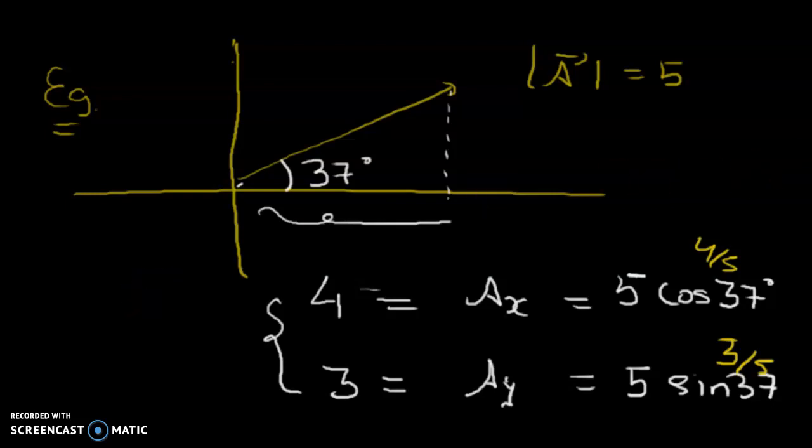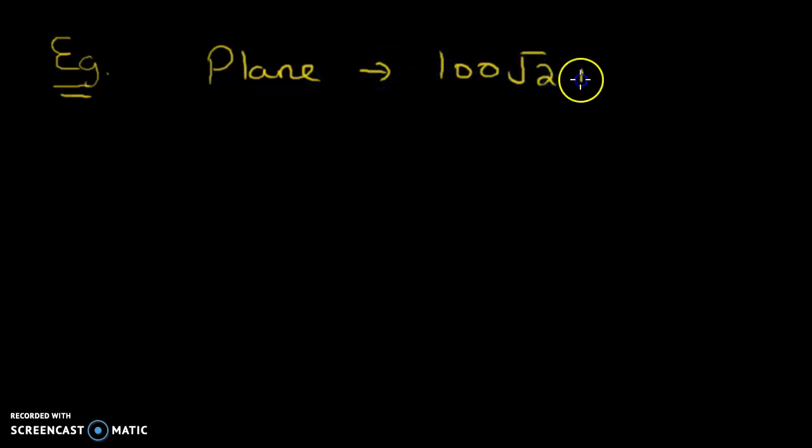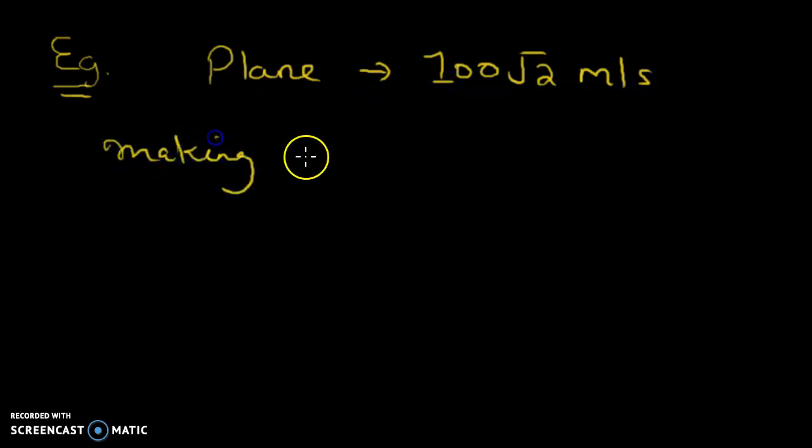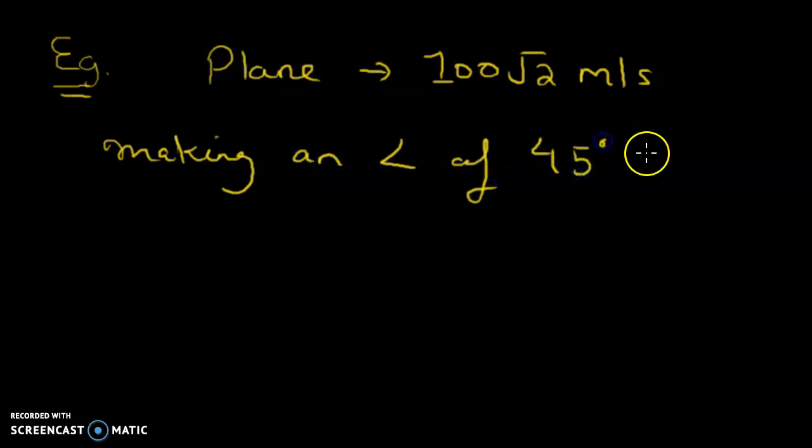Now let me ask you another problem to solidify your concept. So if I say there is a plane and it is flying with a velocity of 100√2 meter per second, making an angle of 45 degree with the horizontal, with the ground.